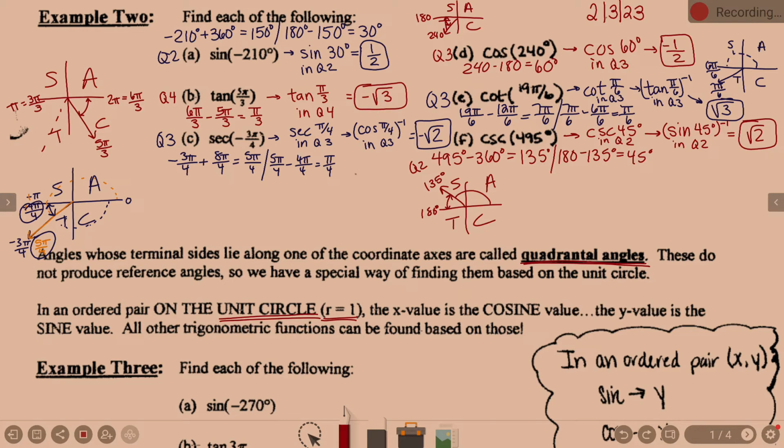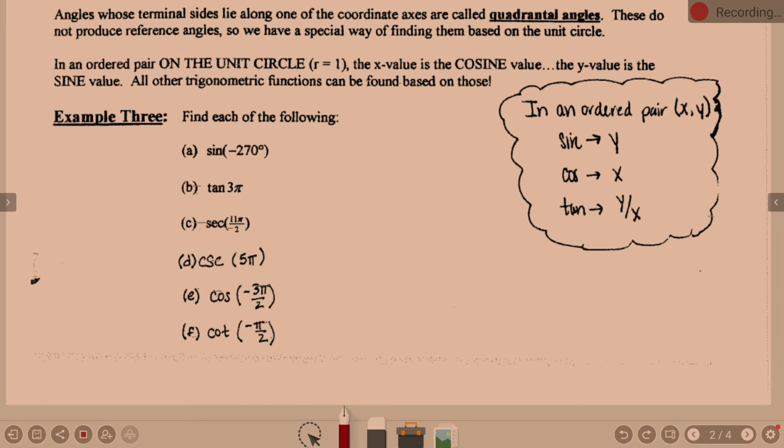Important to know here: the x value is the cosine value. The y value is the sine value. And all other trig functions can be found based on that information. Unit circle, r equals 1. X value is cosine.